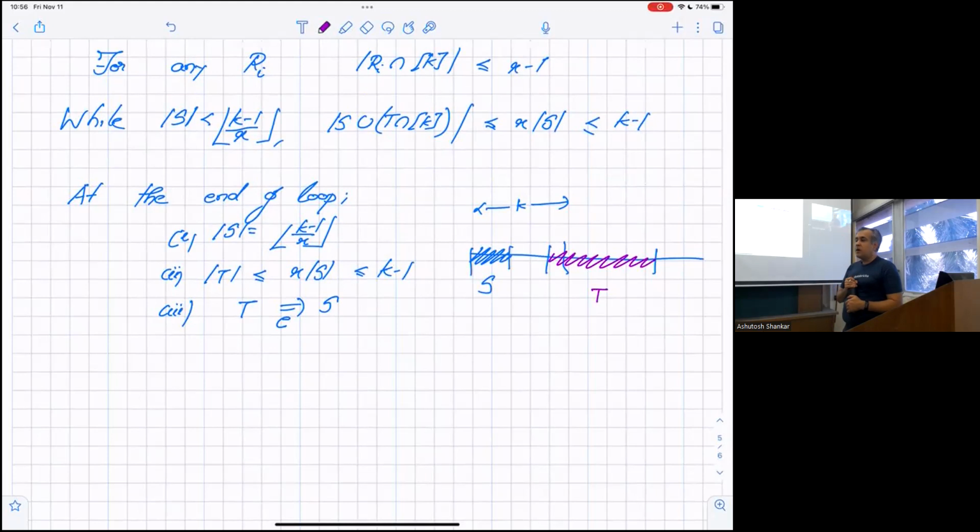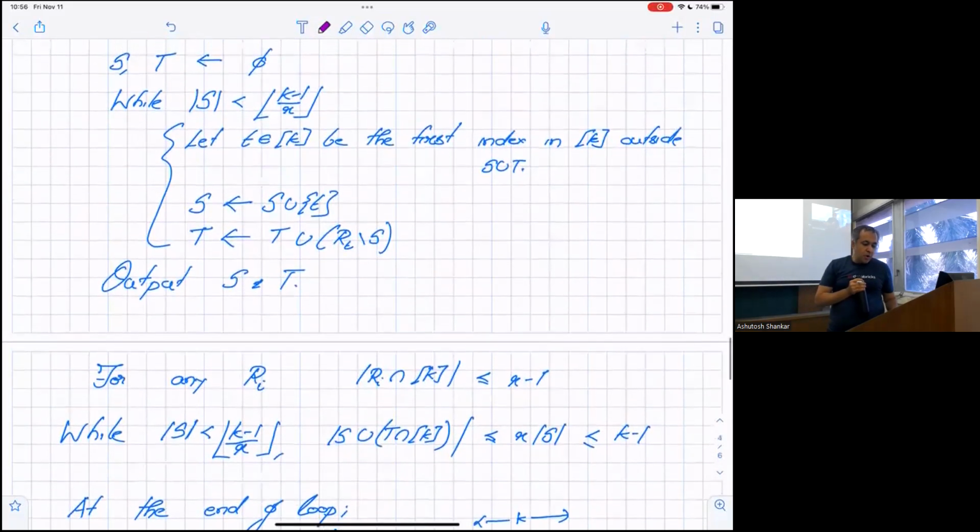Now the point is, I can add more. The question is, are there more symbols out there? If there are more symbols outside, I can keep adding them to T. So the point is, you will do this first, incrementing S and T, and then after a while, I won't increment S anymore, I'll just keep incrementing T. So that's what I'm going to do now.